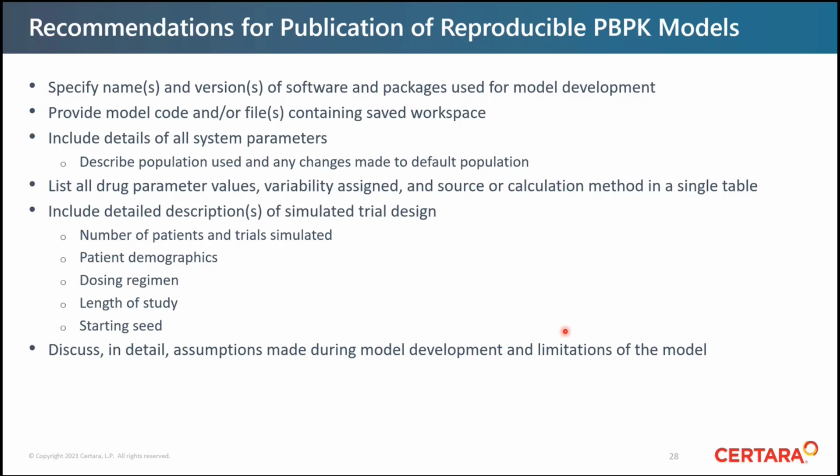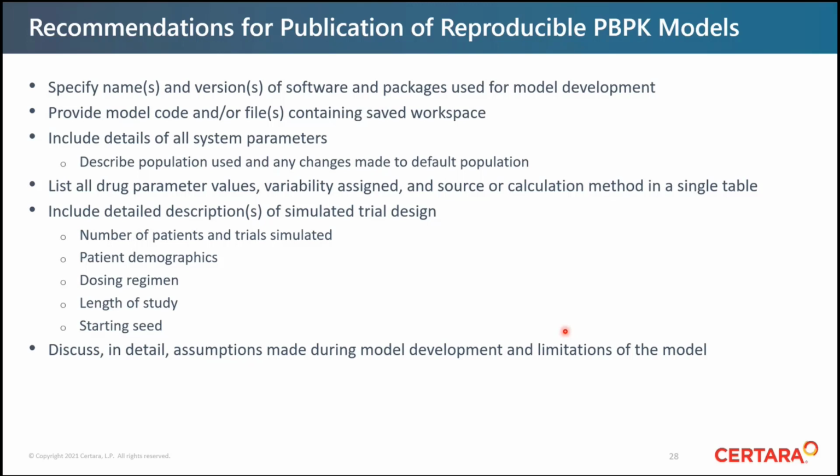Authors should provide model codes or the files containing the saved workspaces as supplementary material, so that readers can go back and identify exactly where the parameters were, what they were, and where they were incorporated into the model.